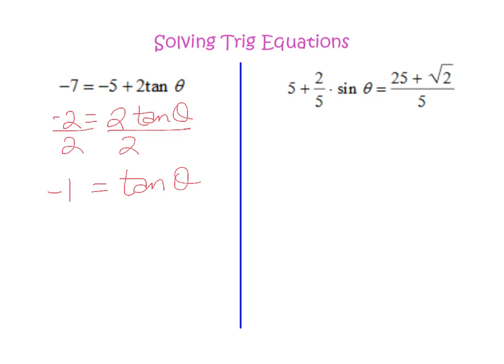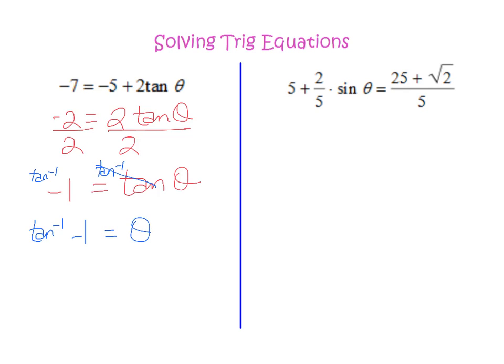And to get rid of the tangent, what we really do is we take the inverse tangent, we undo the tangent with an inverse tangent of both sides. Now what that looks like is inverse tangent of -1 is equal to, the tangents here cancel and I just get theta.